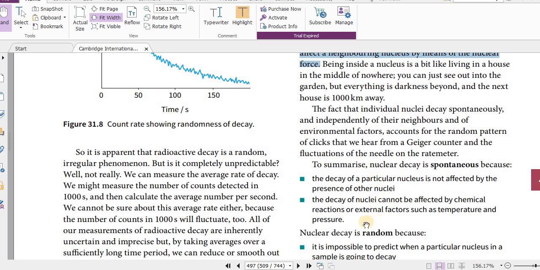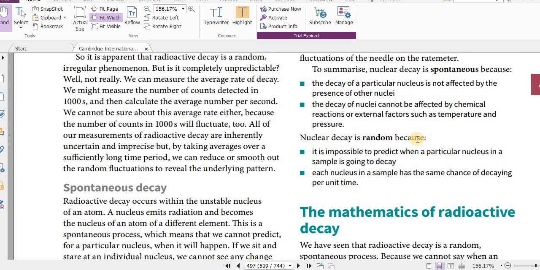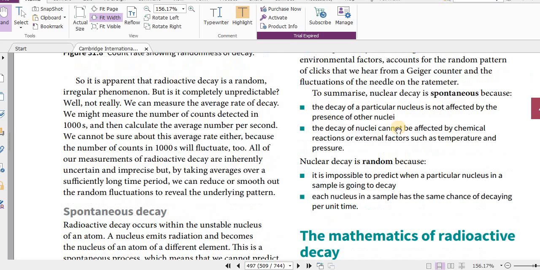Very important, okay? The decay of nuclei cannot be affected by chemical reactions or external factors such as temperature and pressure. Nuclear decay is random because it is impossible to predict when a particular nucleus in a sample is going to decay.